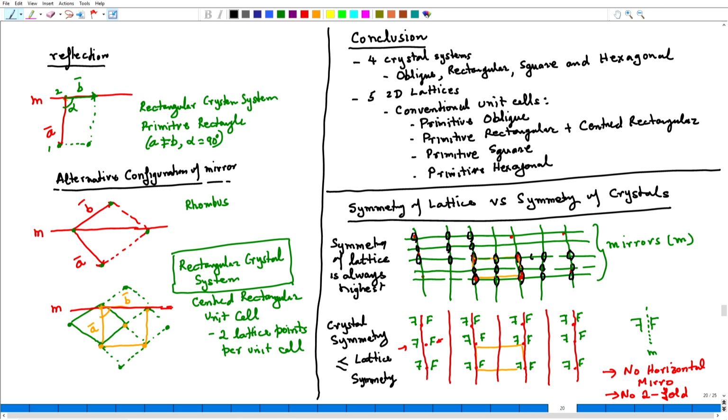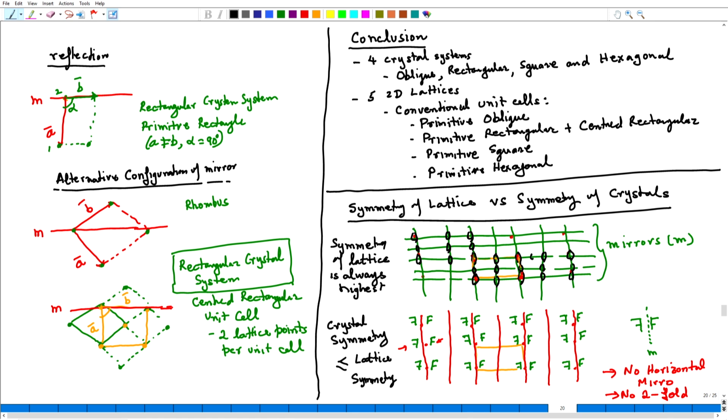So, this is an important point to understand, but at the same time, the crystal, for example, the pattern that we have made here, it could have been atoms for that matter. The pattern that I have made here has that minimum symmetry required to be called a rectangular system.